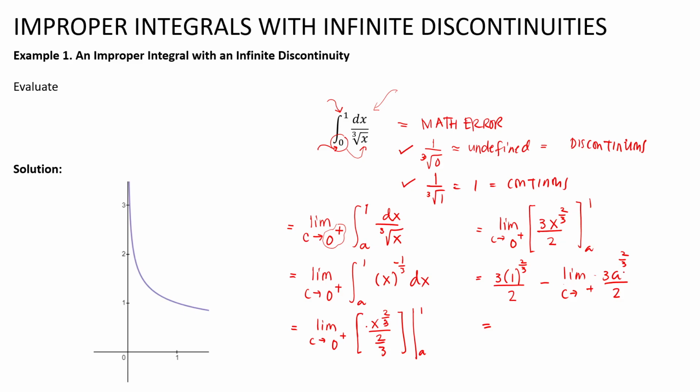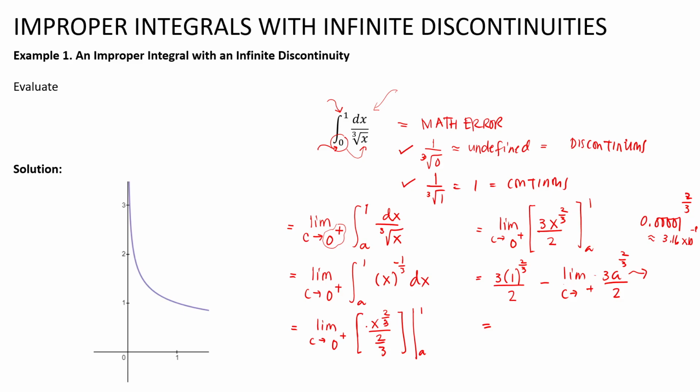If you plug in a very small number for this term, let's say 0.0001, it's still the right-hand side of 0. So 0.0001 raised to the power of 2/3 gives you a small number, approximately 3.16 times 10 to the power of -8. So it's almost 0, right?